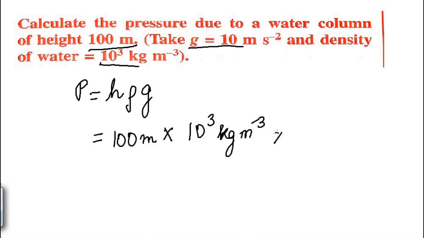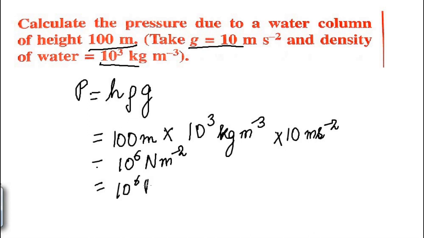The value of g is given 10. This is what we have to take, right? So the answer will come 10 to the power 6 Newton per meter square. Or you can also write 10 to the power 6 Pascal. Okay, this is the simple way of solving. Moving to the next question.